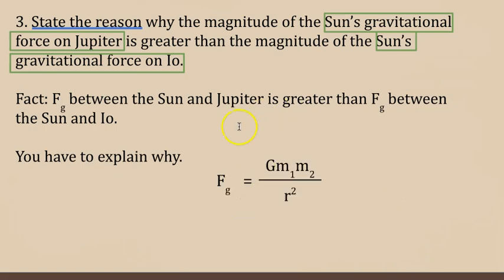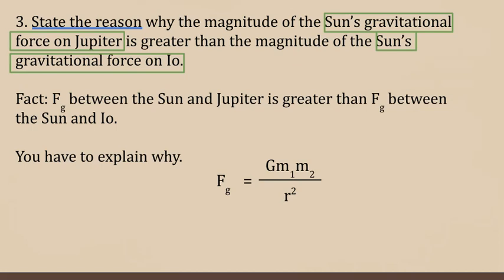So I would explain why using this formula, because they're talking about the force of gravity. The force of gravity is going to depend on the mass of the sun and the mass of the other object, whether that's Jupiter or Io. And it's going to depend on the distance between the sun and that other object. Now, I know that the mass of Jupiter is much, much greater than the mass of Io.